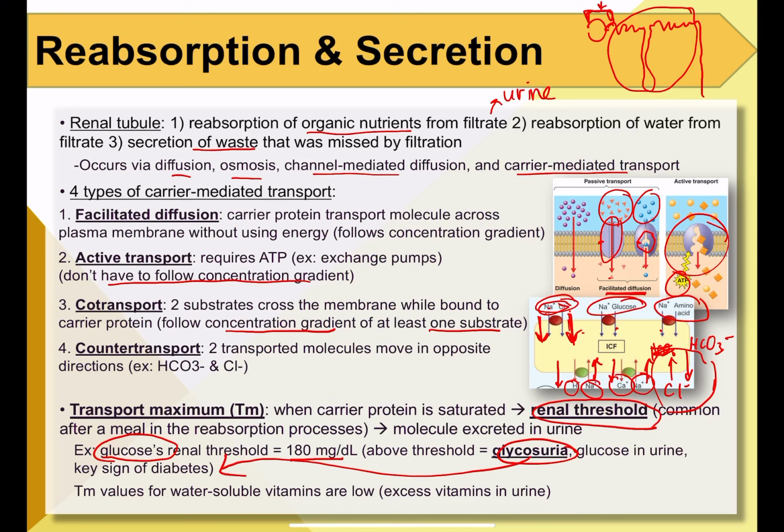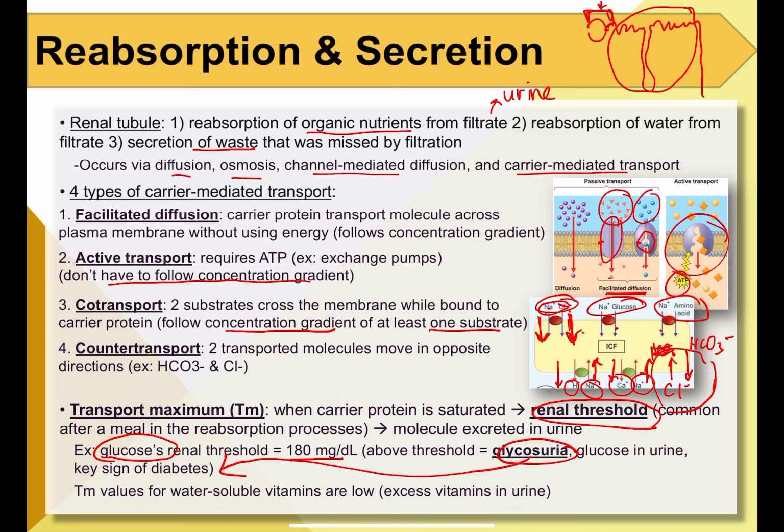Glucose is not supposed to go into your urine unless there's too much of it in your blood system. And why you have too much glucose in your cardiovascular system is probably because you are not taking up that glucose into your liver, muscle cells, or fat cells by insulin.